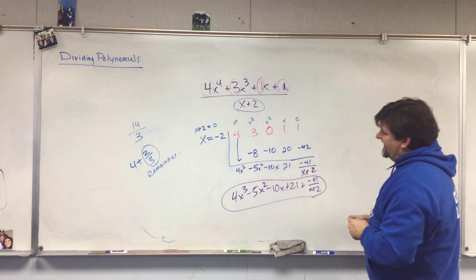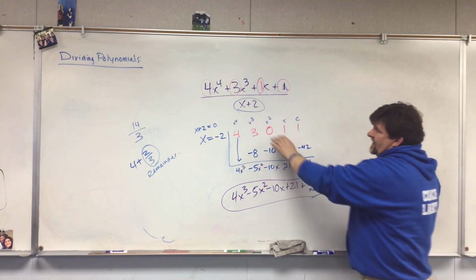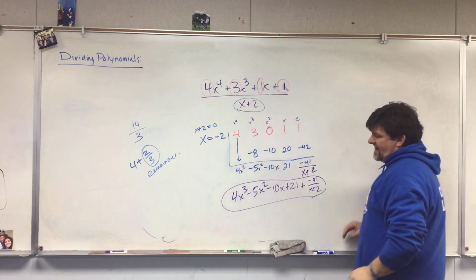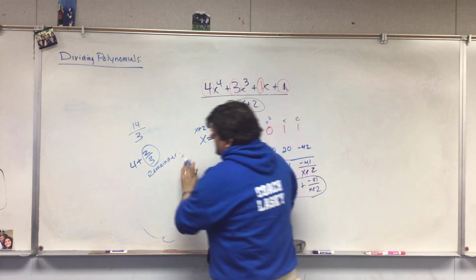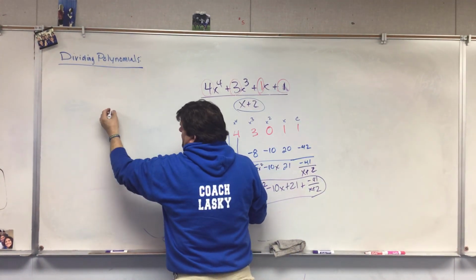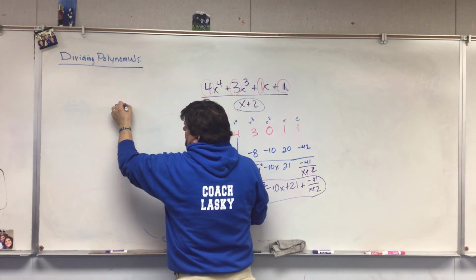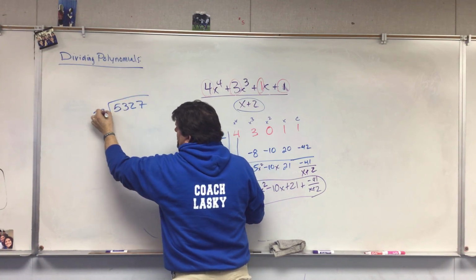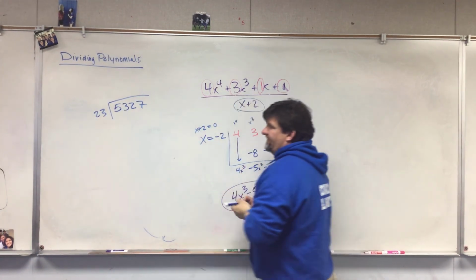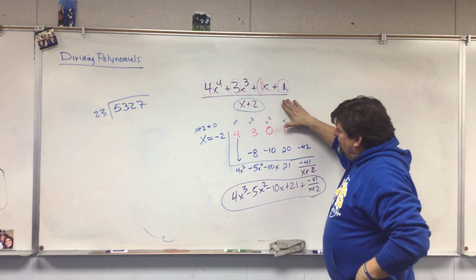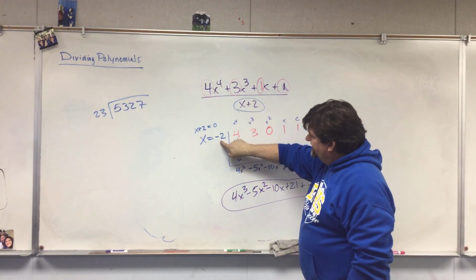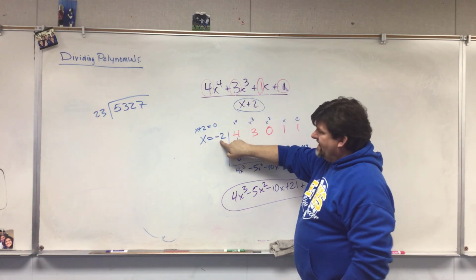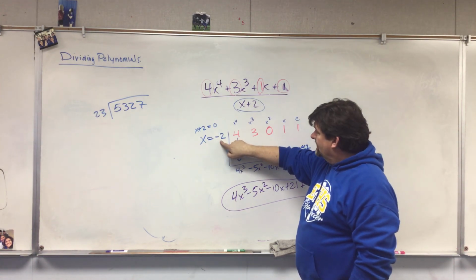This is called synthetic division, and this is how we divide things that we can't divide. Just like dividing something like 5,327 divided by 23, we have a certain pattern we follow. Same thing here. Set the denominator equal to 0, find out what x you're dividing by.